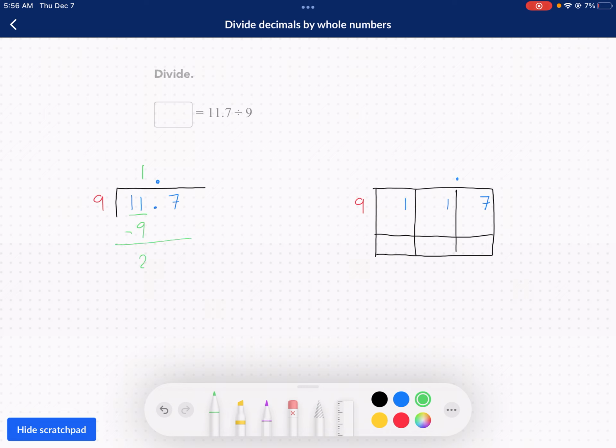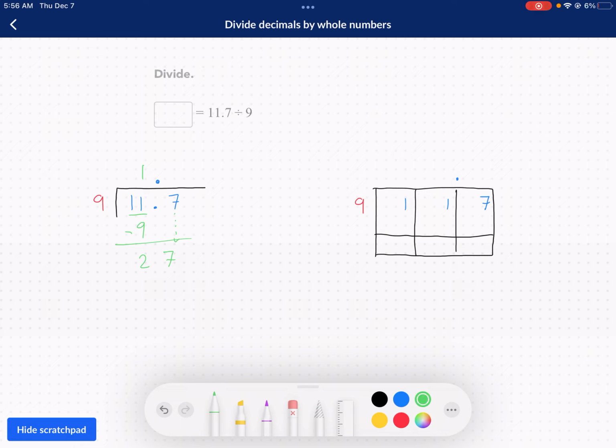Now, the next number I put, for how many times 9 goes into 27, I'm going to put where my arrow is, after the decimal place, because that decimal goes in first, and then the next number follows. So 9 goes into 27 3 times, and that is 27, remainder 0. It's very important that you have no remainders with decimals.